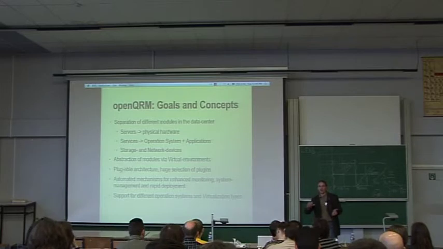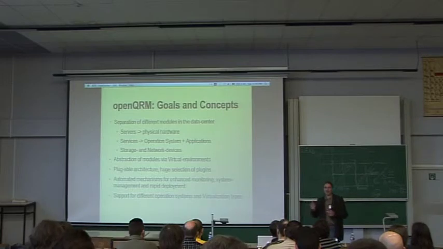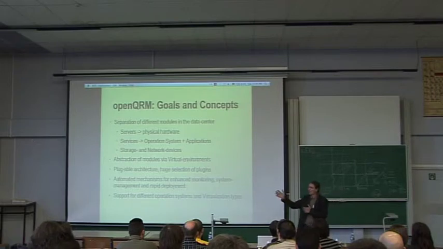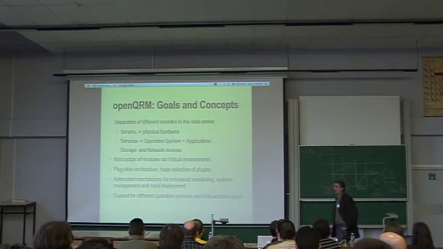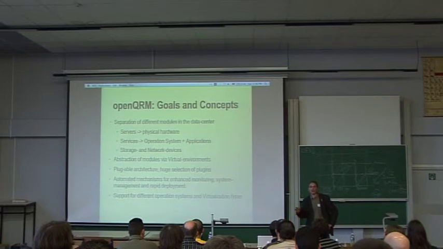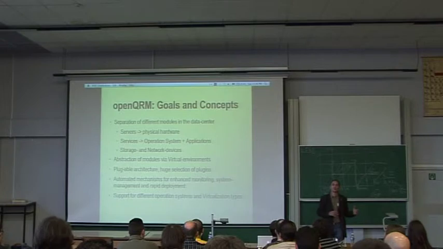The whole initialization of being able to manage a remote system in the data center is based on net booting. openqrm therefore provides tools to transform an existing server into a server image of different types.